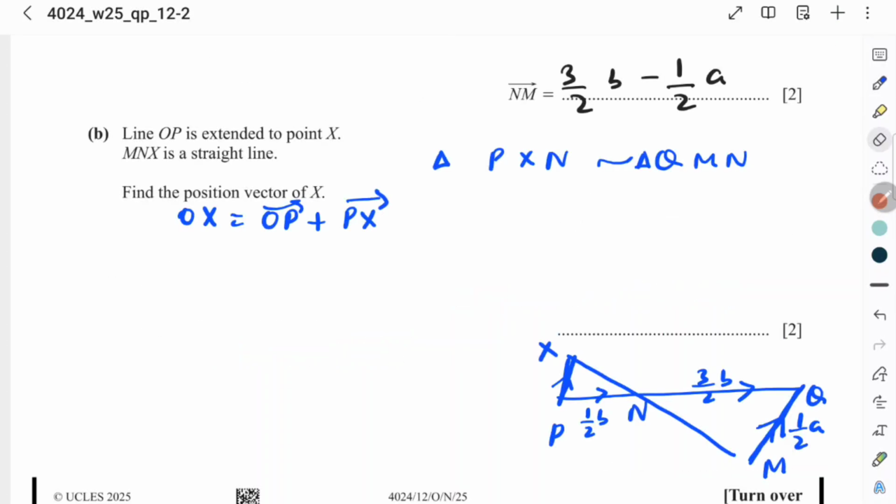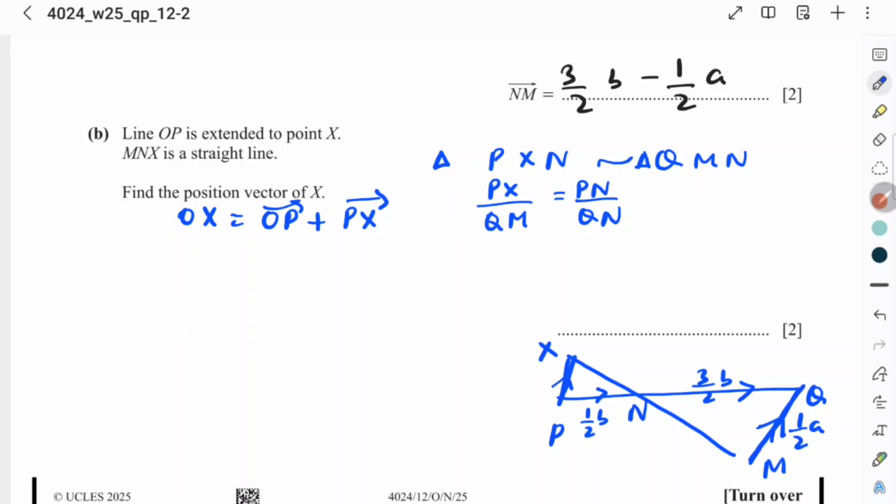Now the problem is we have to find out PX. So that is PX upon QM, and XN we don't have, so we are taking PN upon QN in similarity.